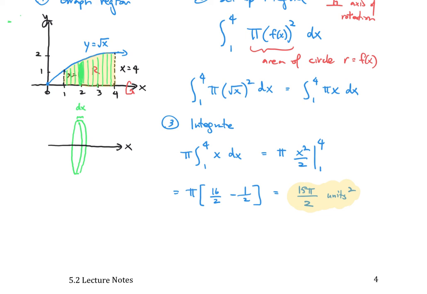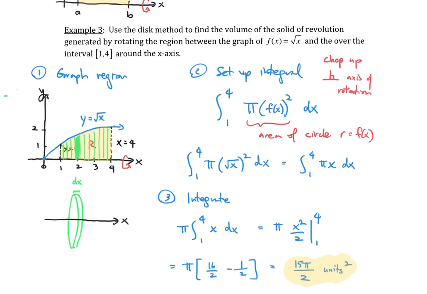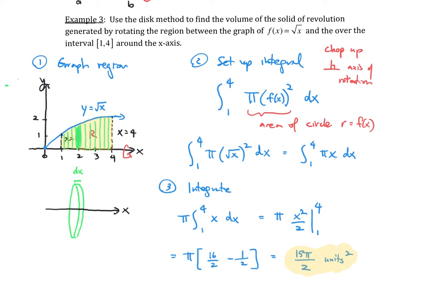All right. So just as a quick recap, first thing we're going to do is graph our region, and try to draw a pretty accurate graph. The second thing we've got to do is set up our integral. To set up our integral, first you chop up perpendicular to the axis of rotation. Look to see where that little bit of thickness lies. That little bit of thickness lies on the x-axis.